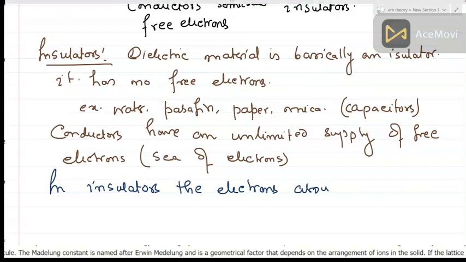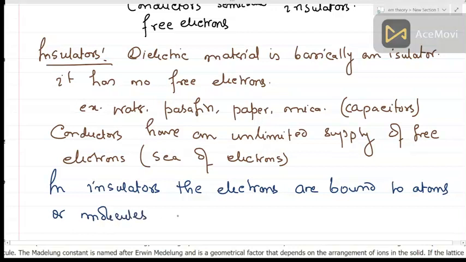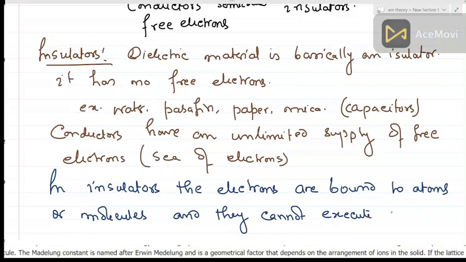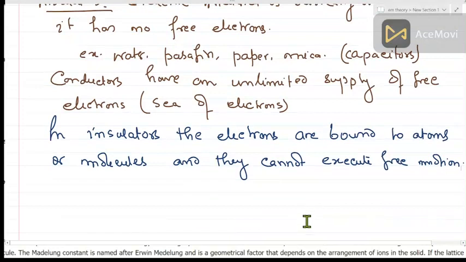In insulators, the electrons are bound to atoms or molecules, and they cannot execute free motion.